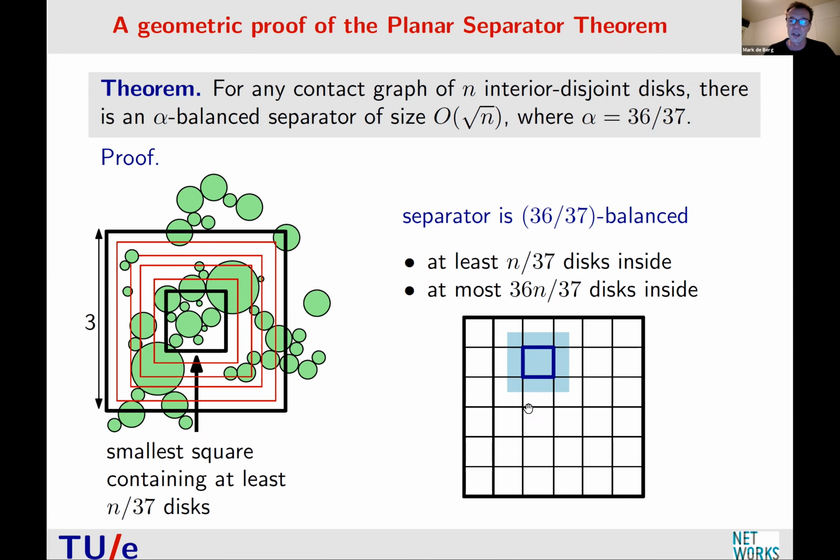But that cell is exactly the same size as this inner black square here. That inner black square was, well, the smallest one, containing at most n/37 disks. So inside here, I cannot have more disks than that. So, well, I have 36 of these cells, each containing at most n/37 disks. So that's it.